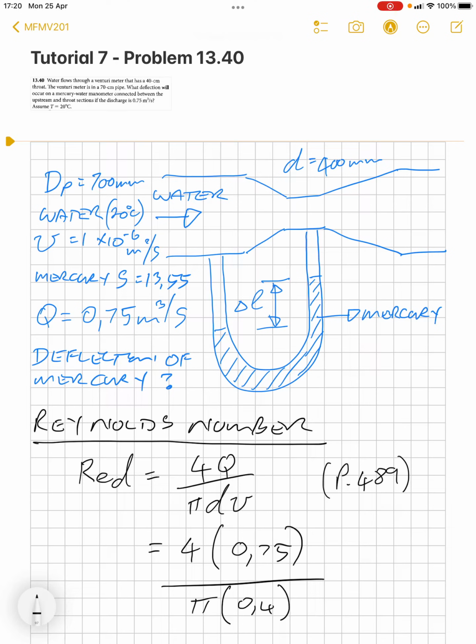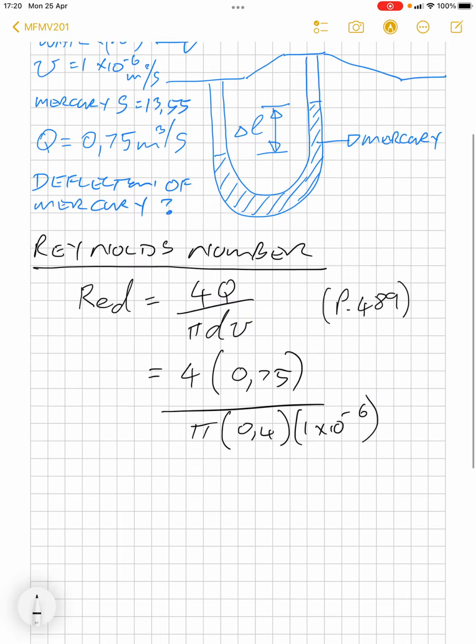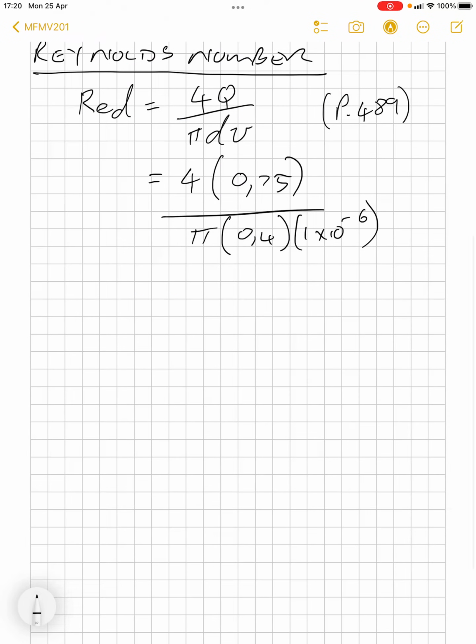That is the throat diameter. And then mu we know is 1 times 10 to the minus 6. That will give us a Reynolds number of 2.39 times 10 to the 6, which is turbulent. And we know that because it is above 3,000.